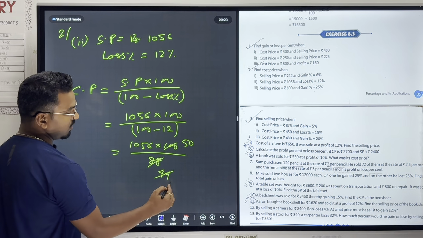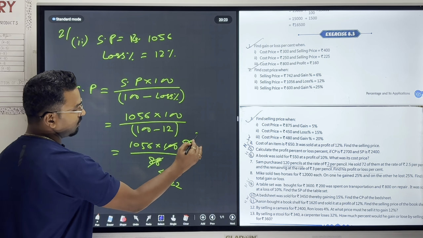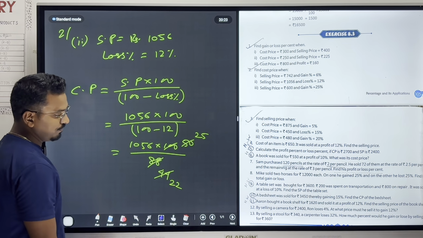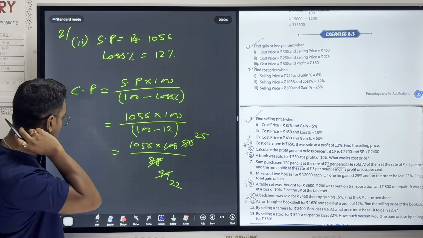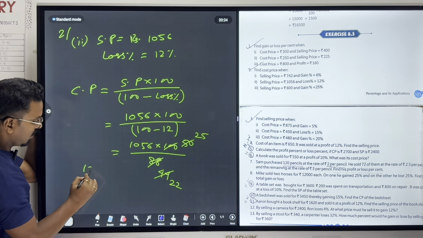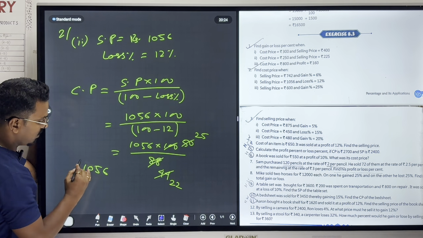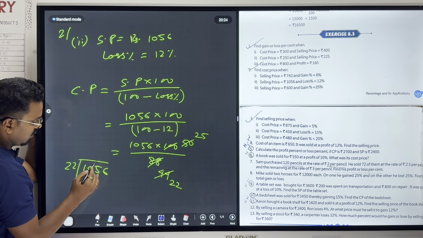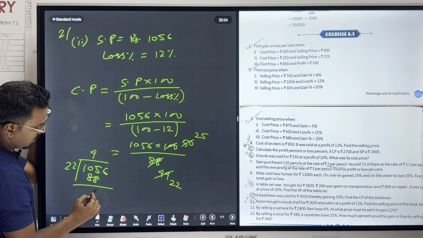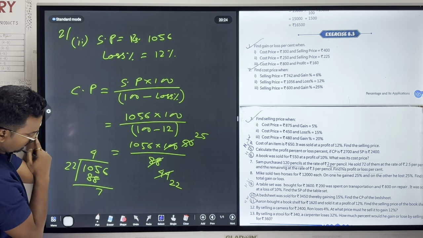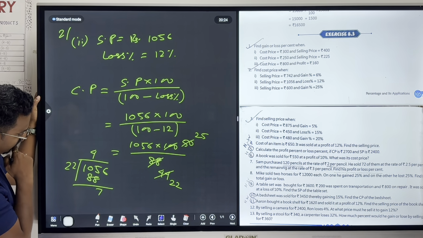Again, if you cancel by 2, it will become 22, and this will become 25. Again, can you cancel it? Let me see. 56 divided by 22. 4 times. This will become 88, so this will become 72. Okay, 5 2s are 10.